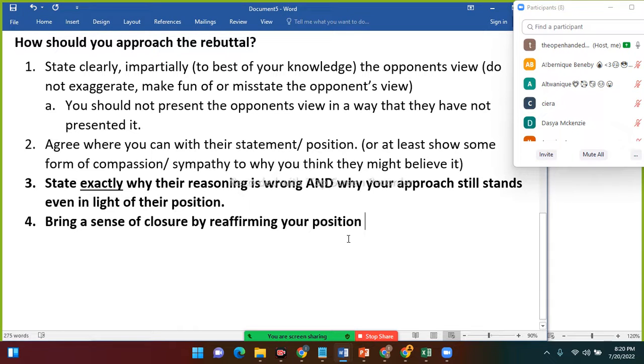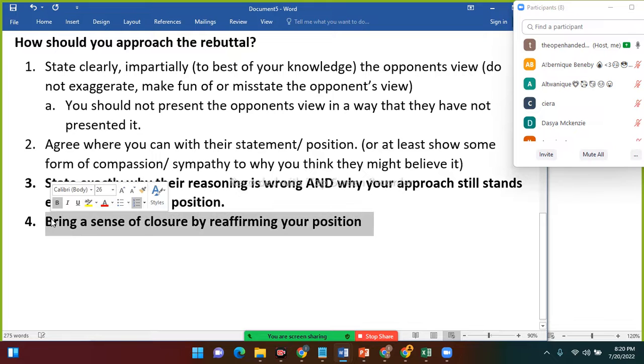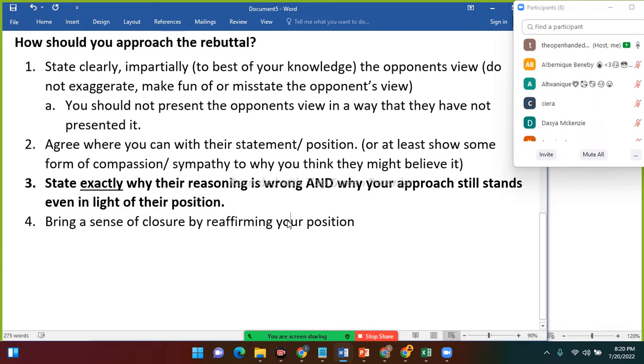So you're still, at the end of the day, showing, hey, my exposition still stands, and this is what it is, right? So state their position clearly, state their position fairly, agree with them where you can, tell them exactly where they are wrong, exactly.